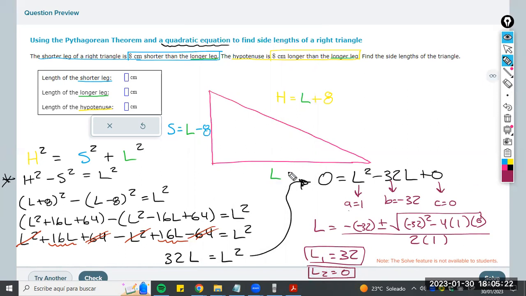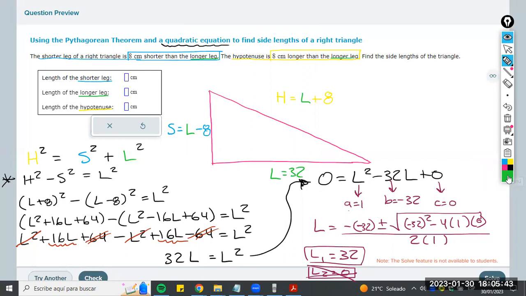Remember that L is the green, the longer leg. So it is impossible that there is a triangle with one of its sides as 0, so we're not going to consider the case when L2 is 0. But we have that L is 32.